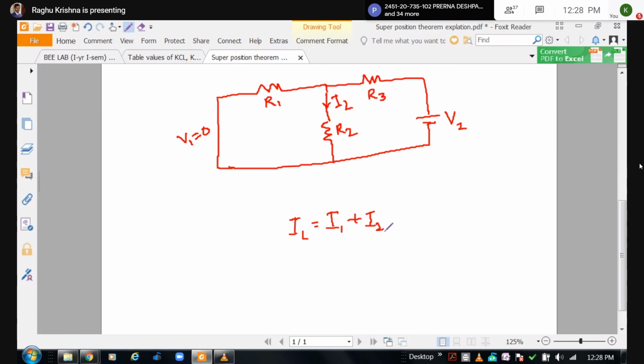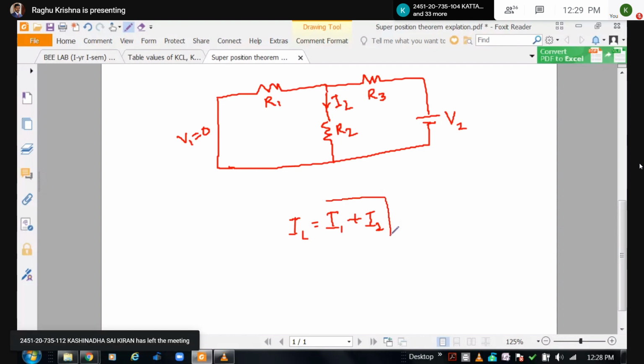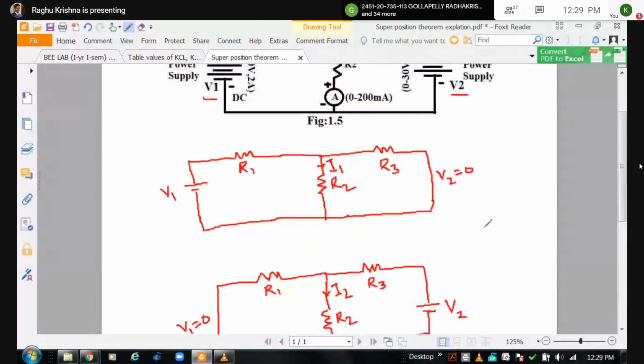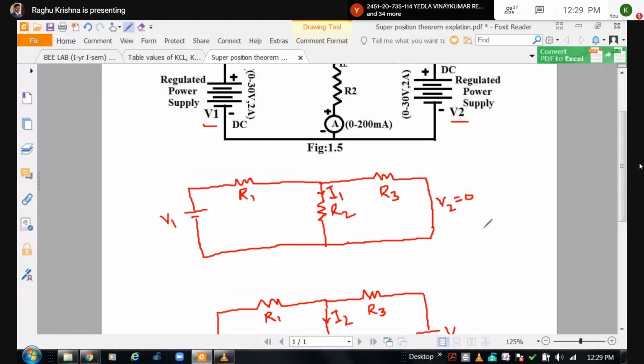The superposition theorem states that IL is equal to I1 plus I2. So, do you have any doubts in this? If you have any doubts, you ask me.